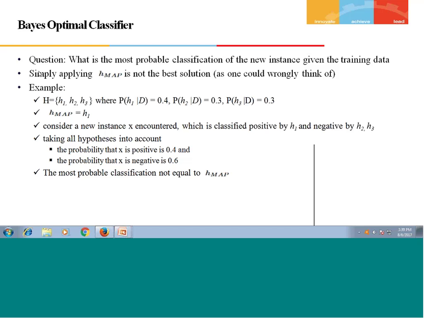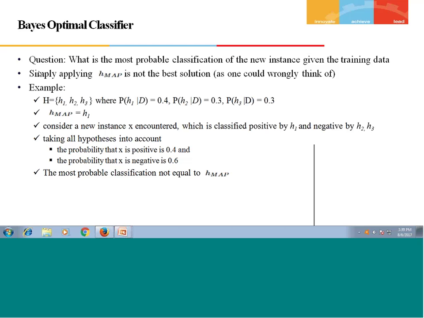Because whichever hypothesis you take, HMAP or HML, it is not always guaranteed that it classifies the sample correctly. It guarantees that it does best among all the given hypotheses, but it is not guaranteed that you cannot do much better than that.